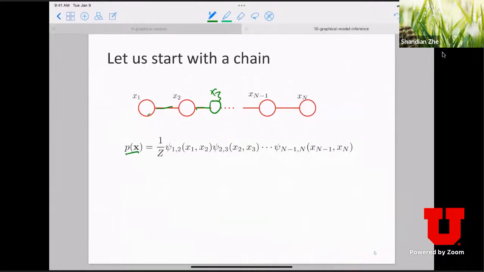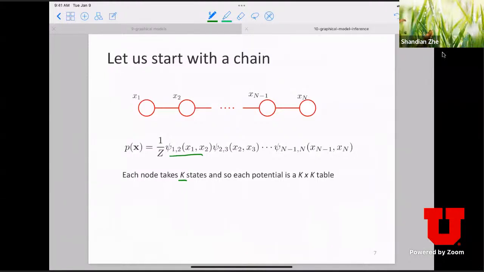It continues until psi n minus 1, n, which is the potential function for the last two variables. And Z here is the normalization factor, or the partition function. Suppose those nodes are discrete nodes, meaning they can take k discrete states. That means each potential function, defined on a pair of successive nodes, is essentially a k by k table.